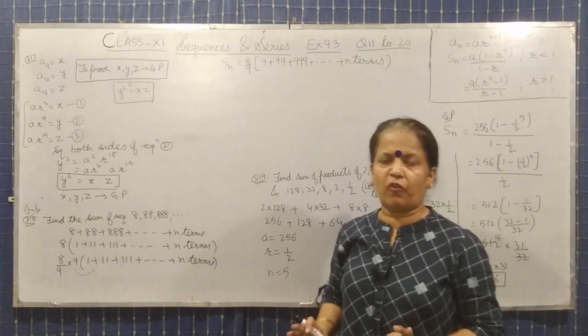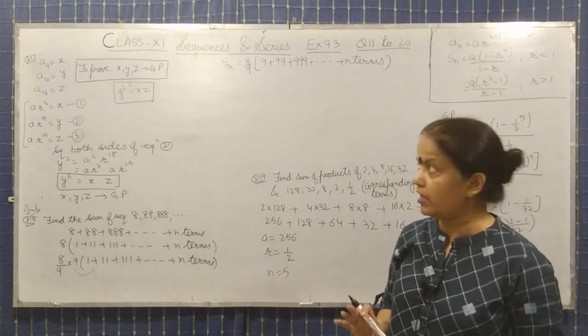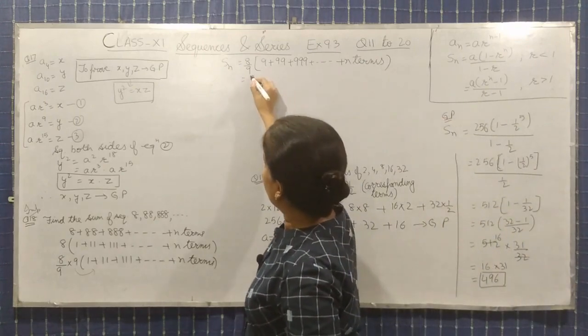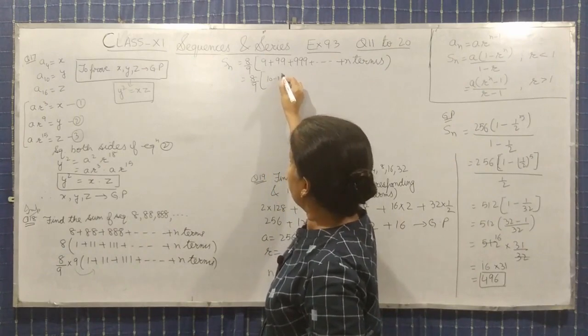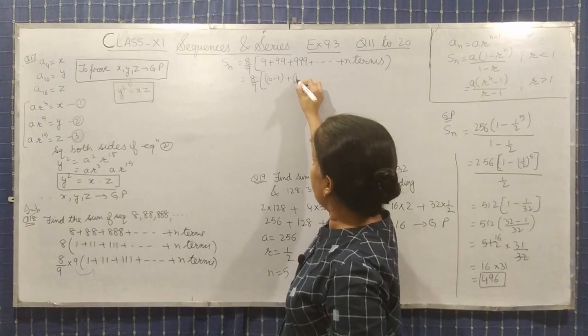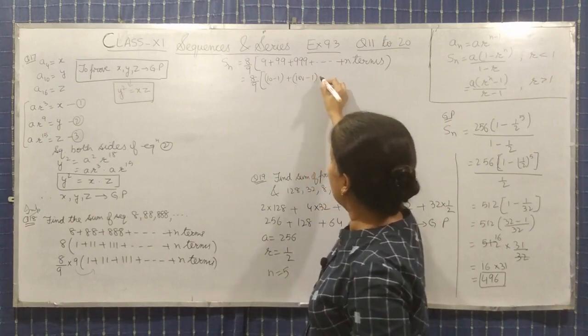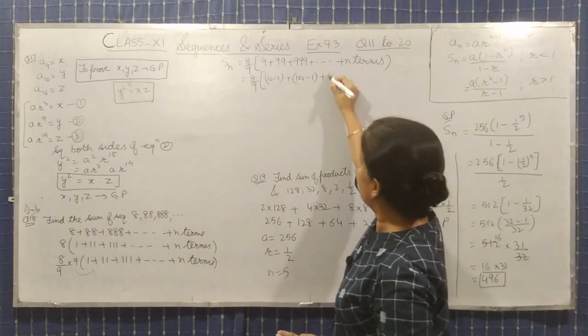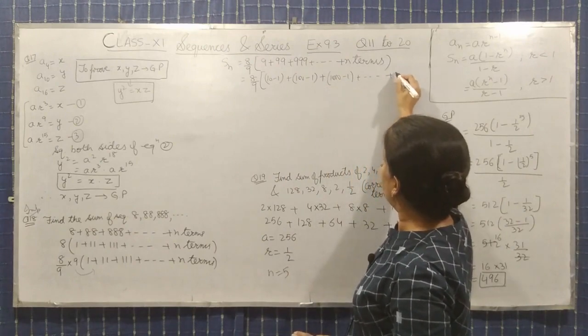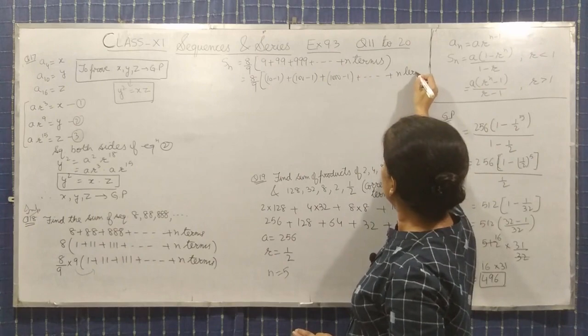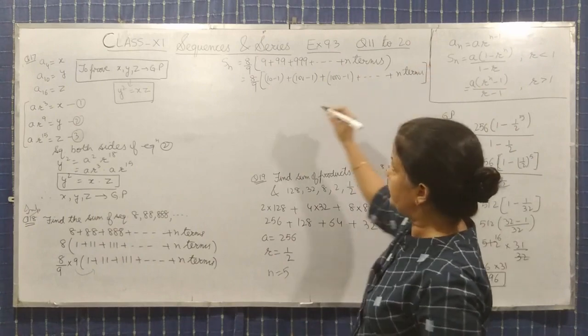Still it does not form any sequence. So we will go for the next step. 9 we can write as 10 minus 1, 99 as 100 minus 1, 999 as 1000 minus 1 and so on up to n terms. Okay.